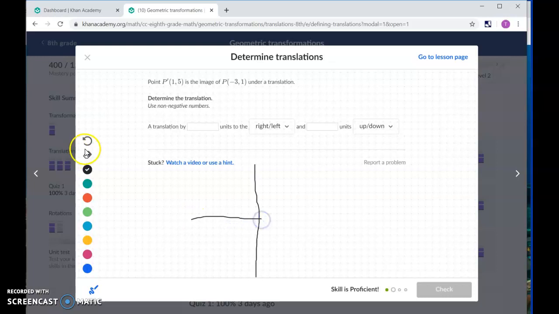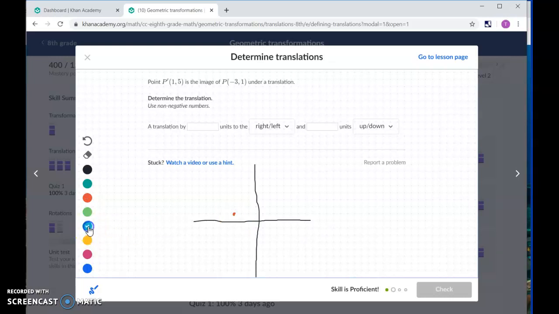Okay, so there's a couple ways you can do this. You can plot your point, so (-3, 1), so that would be, if this is our origin, 1, 2, 3, and then up 1. So there's my original.